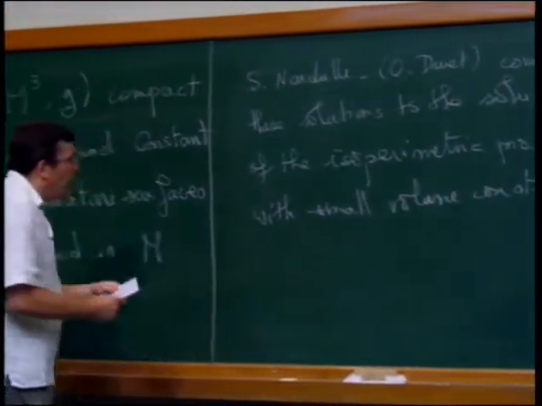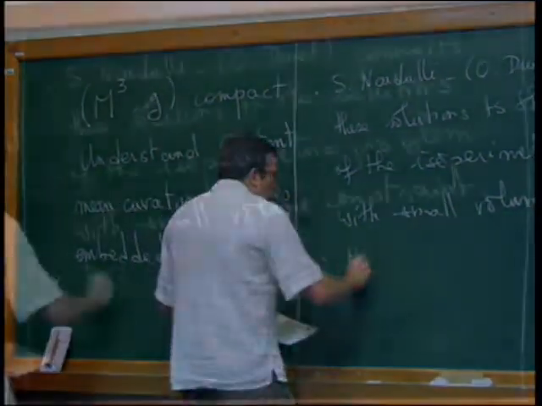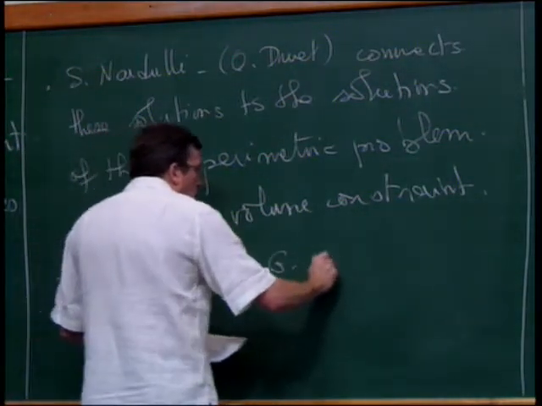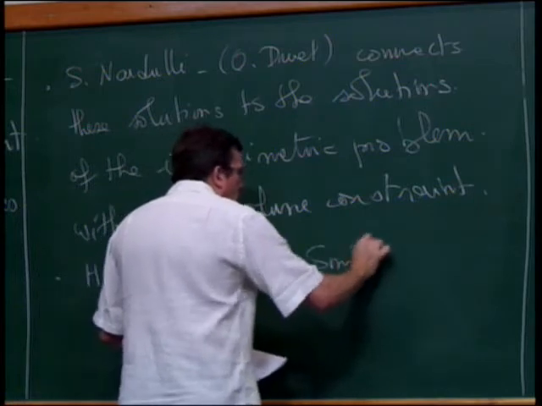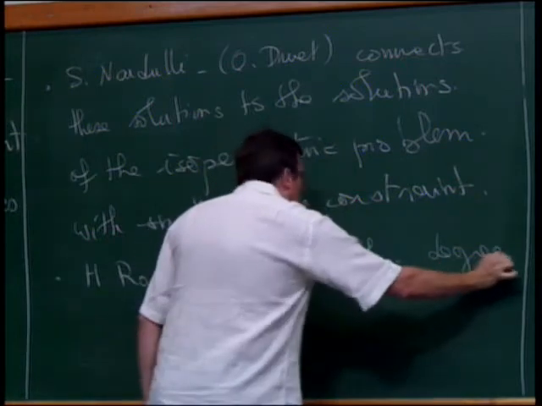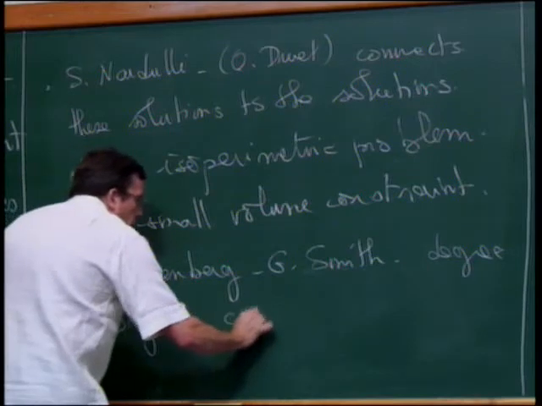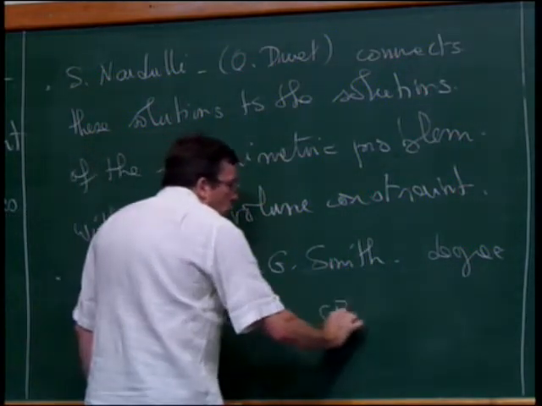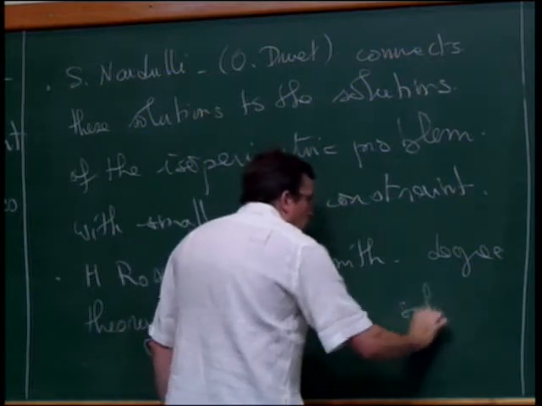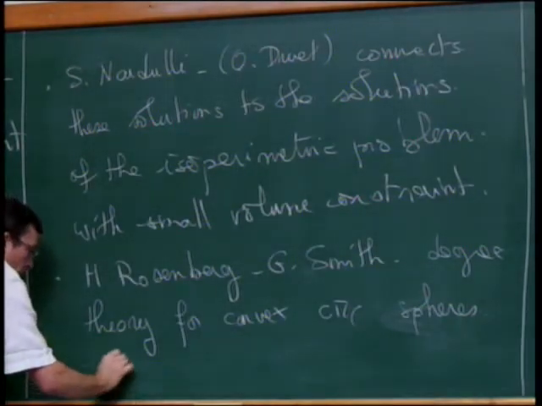And very recently, Harold Rosenberg and Graham Smith developed a degree theory for convex constant mean curvature surfaces, spheres, with large mean curvature.